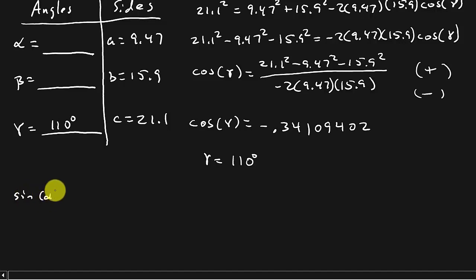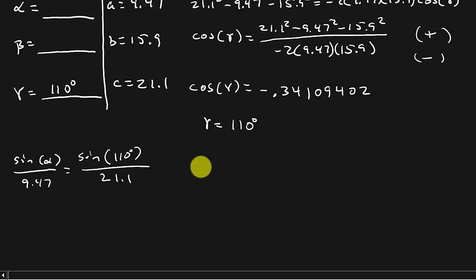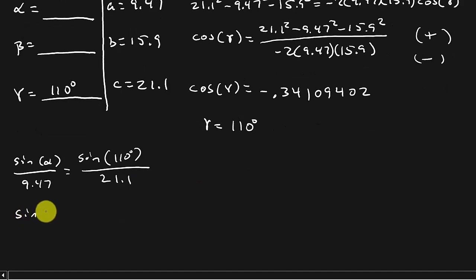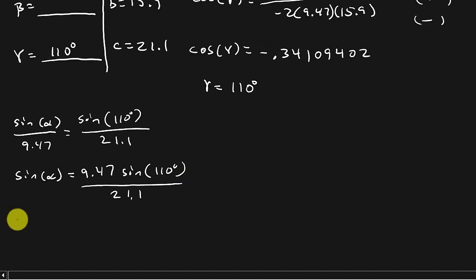So sine alpha over 9.47 is equal to sine of 110 over 21.1. So I get sine alpha is equal to 9.47 times the sine of 110 over 21.1.